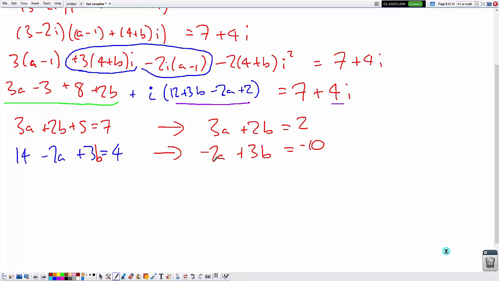These are all correct. You do simultaneous equations. This gives us a is equal to 2, and we'll get b is equal to minus 2. So finally, my z is equal to 2 minus 2i.